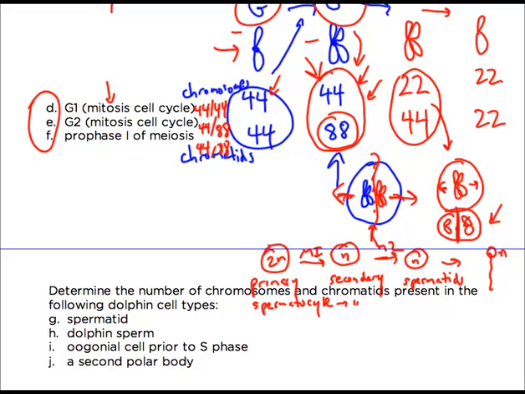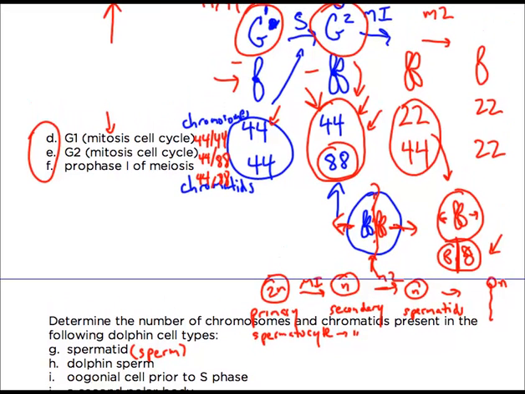Has to mature. So my point is that by asking for the number of chromosomes and chromatids present in the spermatid, you might as well be asking about the sperm. But the spermatid is completely finished after meiosis 2, and we've already talked about that. That was the situation. See, it was good to be complete up here.